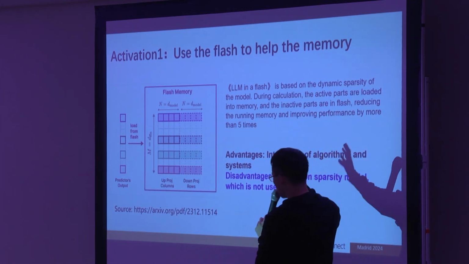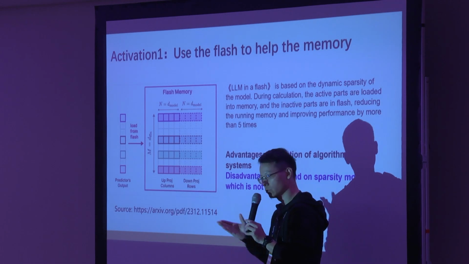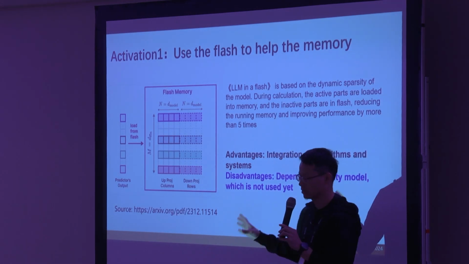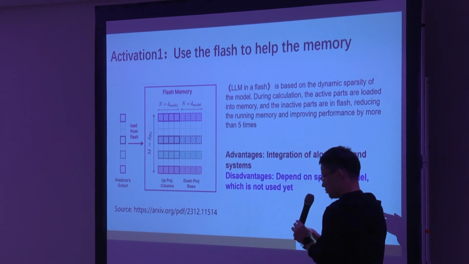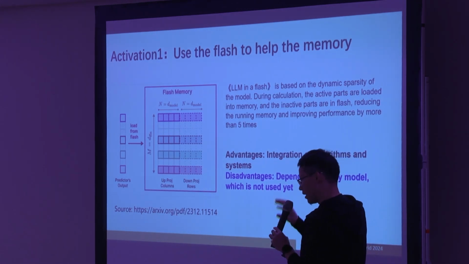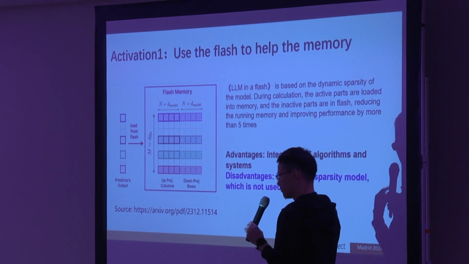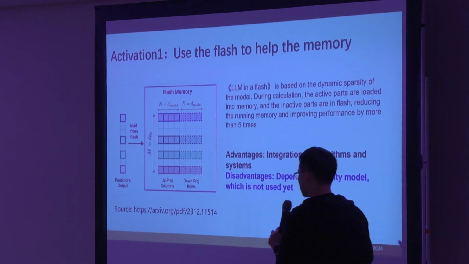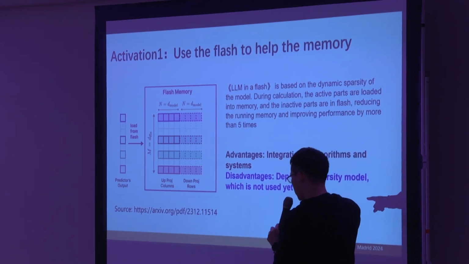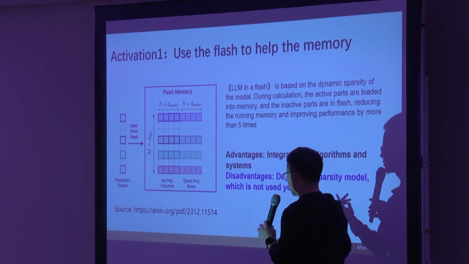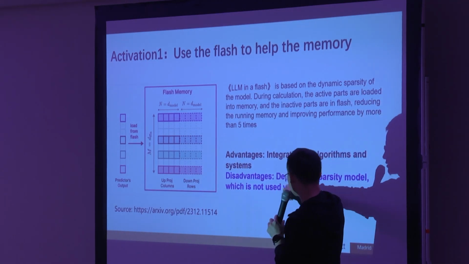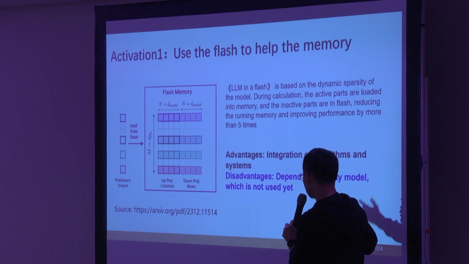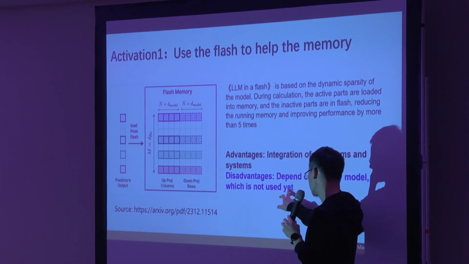Summary: the paper tells us that if you don't have enough memory to run a model, you can use flash to help it, just like swapping some data from memory to flash. I think it's very useful, and we have tested it. Yeah, it could work, but it has some disadvantages because it depends on a sparsity model, which is not used yet.